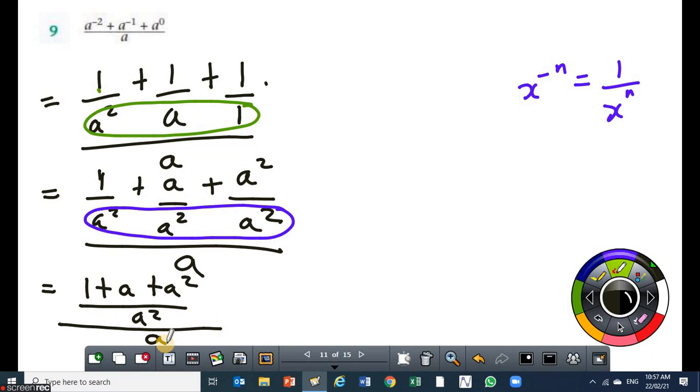Don't forget, your main division line is this one here. This is the main division line. So when I write it here, my main division line is going to be this one. I've written this numerator here, which has a denominator equal to a squared throughout. You should know that this is the same as this.